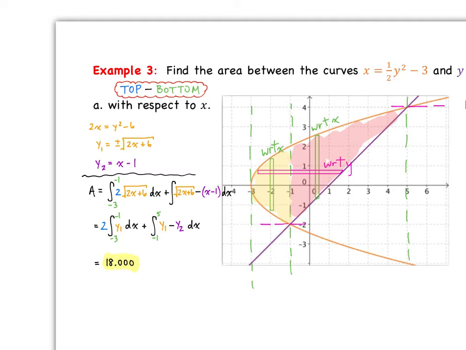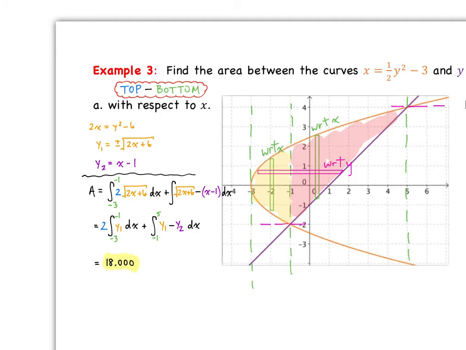So this is where I said, well, we can just find the area of this guy, but we have to double it. So it's 2 times that square root of 2x plus 6. Okay, my second integral goes from the x values of -1 to +5.